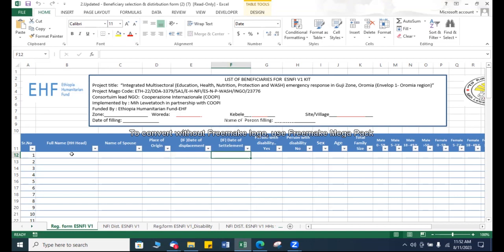Then we continue with the identification of persons with disability within the household. If there is, we say yes. If we say yes, we usually have categories of disabilities within a given household, so we have to write that.